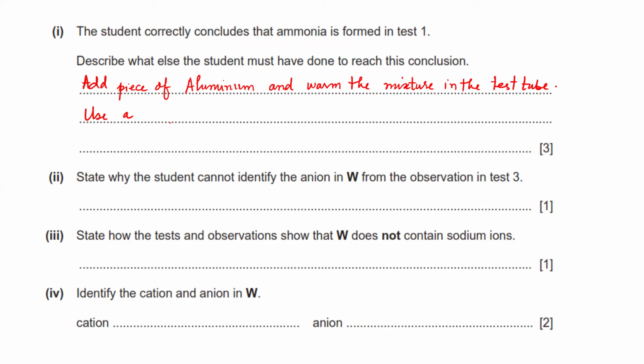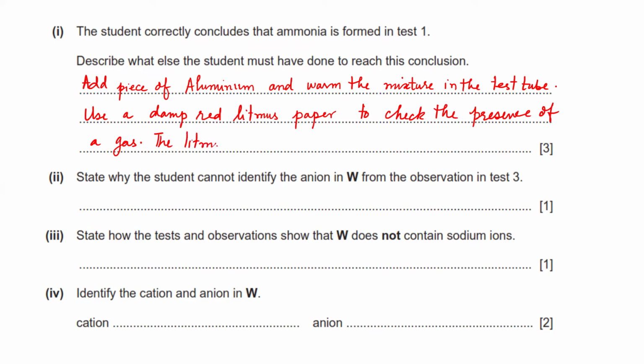Use a damp red litmus paper to check the presence of a gas, and that gas is actually ammonia gas. So the litmus turns blue. Okay, so ammonia gas turns damp red litmus paper blue.